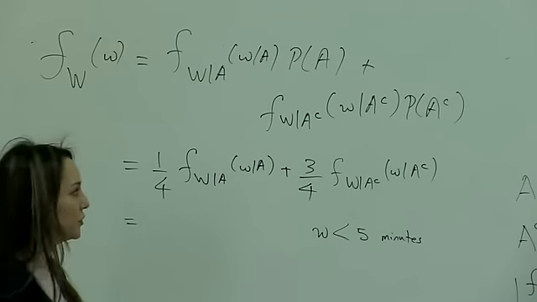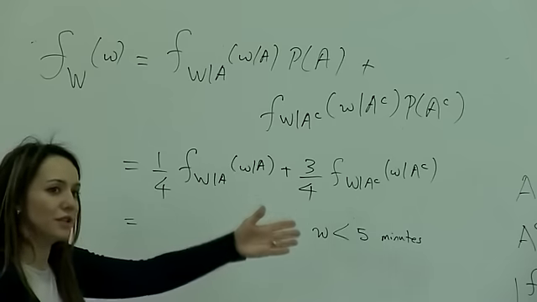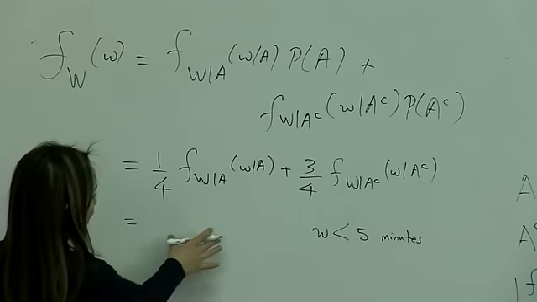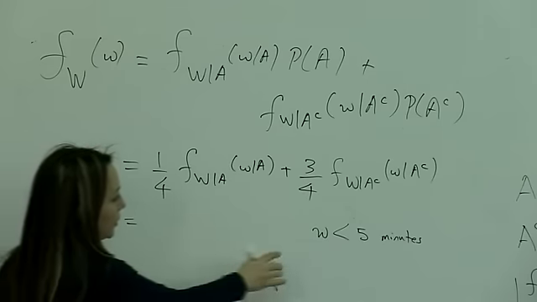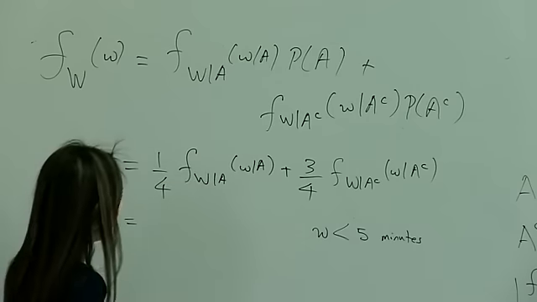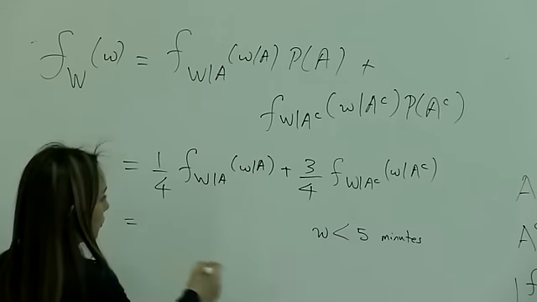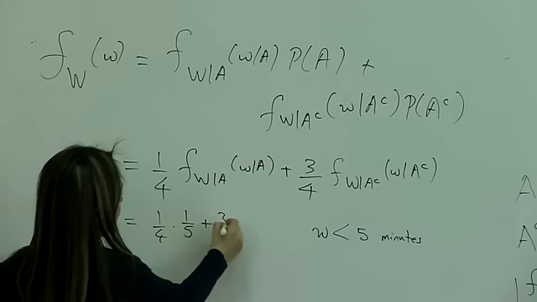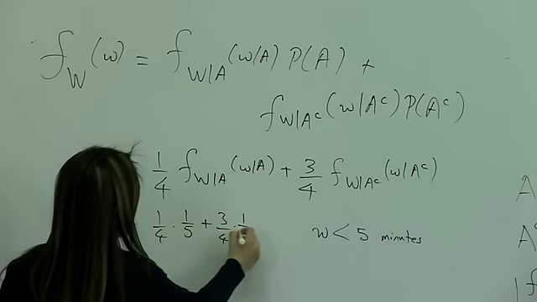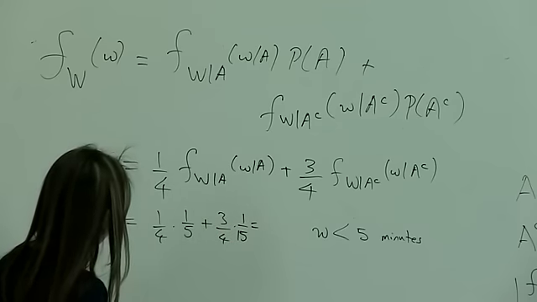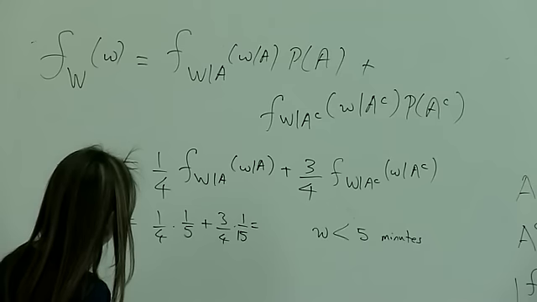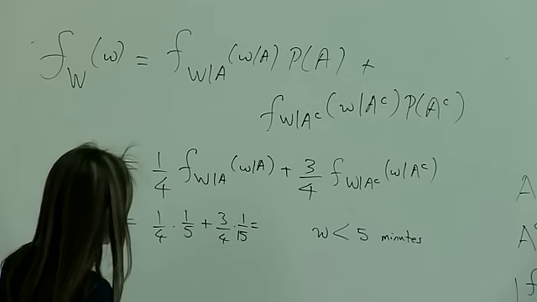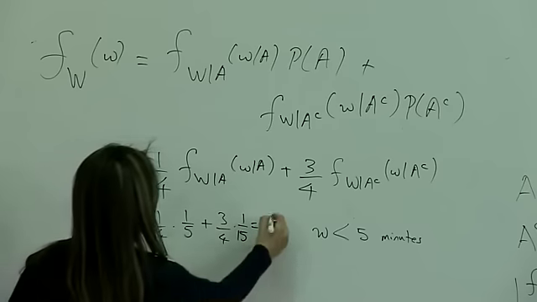It can correspond to taking the 7:15 train or taking the 7:30 train. And we'll have a higher density when W is less than 5 minutes. What is that density? 1/4 times 1/5 plus 3/4 times 1/15, which evaluates to be, let's see, 1/10, right?